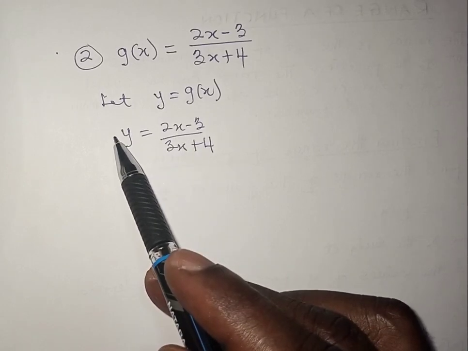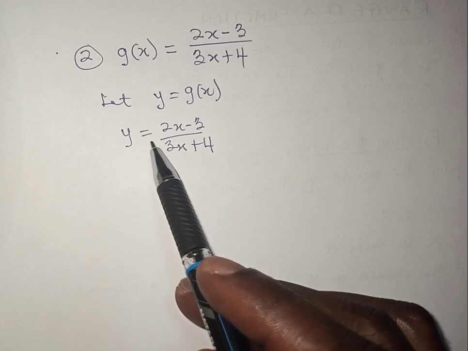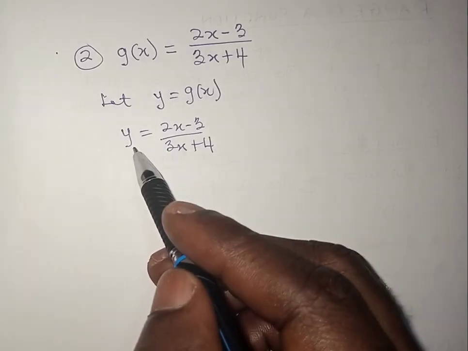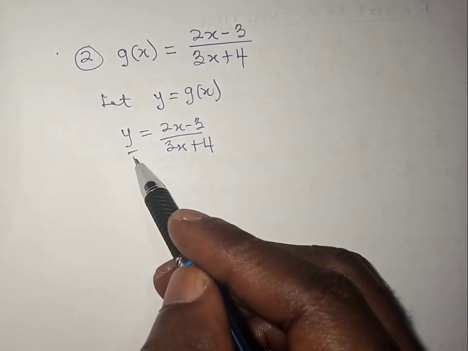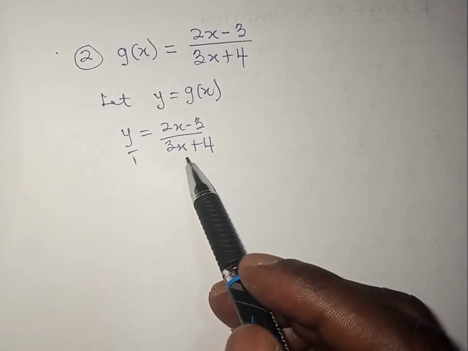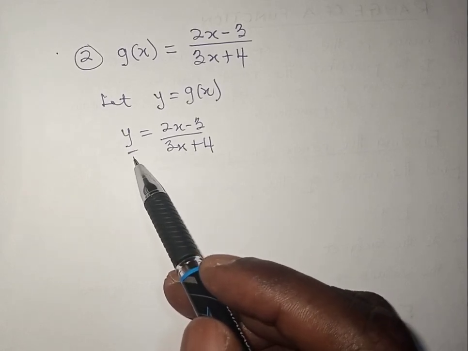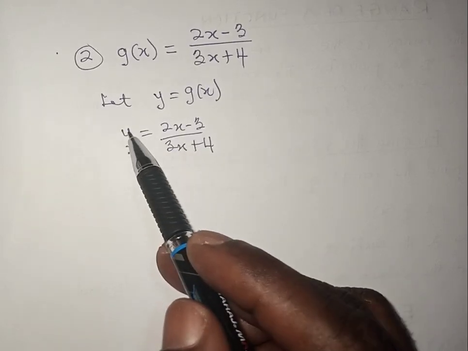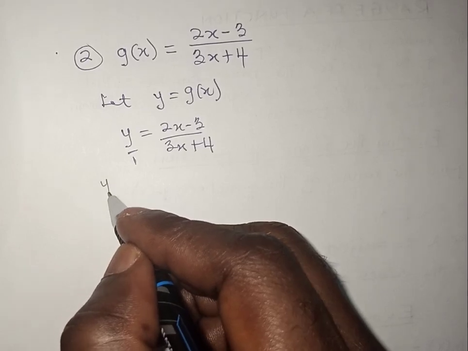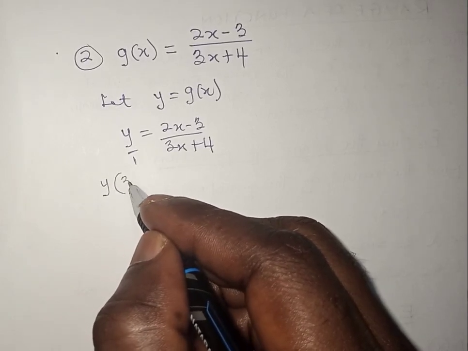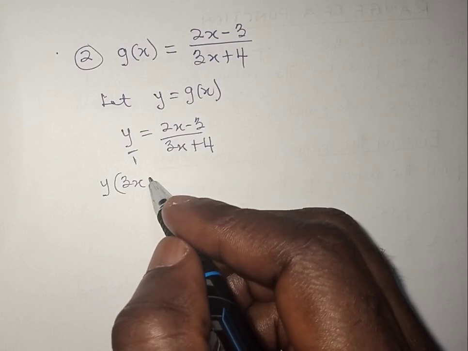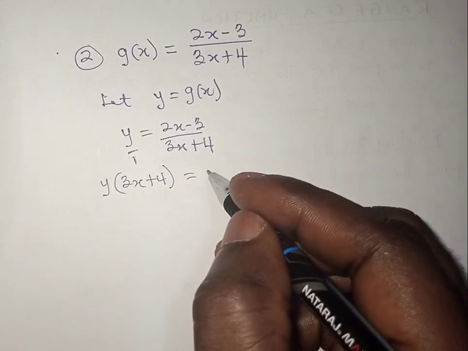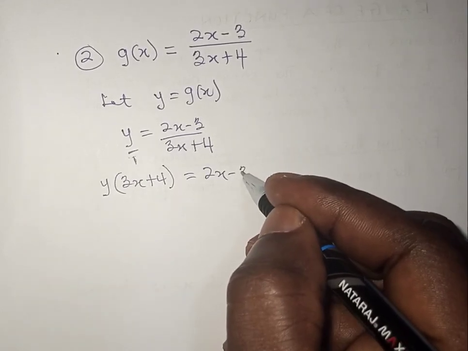Then we can multiply through by that. If we multiply through by that, we know that here y is divided by what? 1. Okay, so if we are multiplying through by the LCM, then it means that we're going to multiply 1 by all this and multiply everything here by y. So I'm then going to have my y and then multiplying what? The expression 3x plus 4, which is equal to 1 multiplying this gives me the same expression.